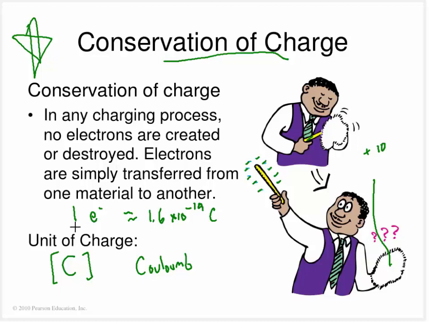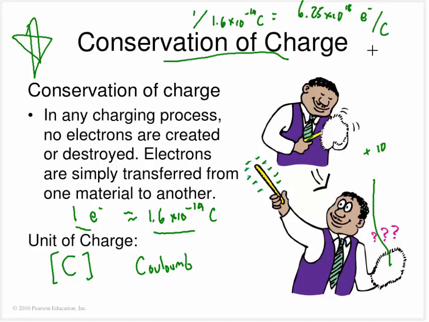You may say to yourself, well, if one electron has 1.6 times 10 to the negative 19th coulombs, then how many electrons does it take to make up one coulomb? Well, that's just going to be the inverse of this. So the inverse of 1.6 times 10 to the negative 19th coulomb, if we type this into your calculator, is 6.25 times 10 to the 18th electrons per coulomb.